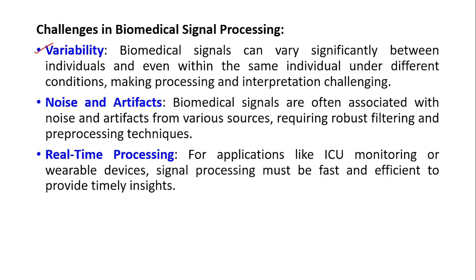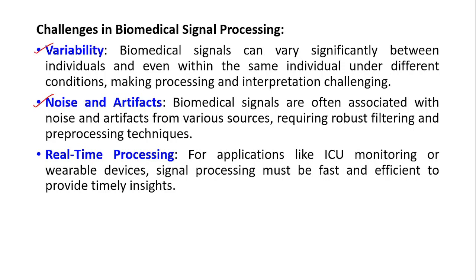Okay. Then noise and artifact. When we are acquiring the signal, that signal may be corrupted with some noise or artifacts. Artifacts means unwanted signal components. For example, when the acquisition is being made, if I move, the electrode which has been placed on my body will move, and a noise will be incorporated.